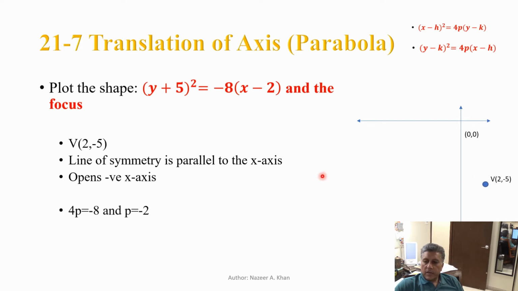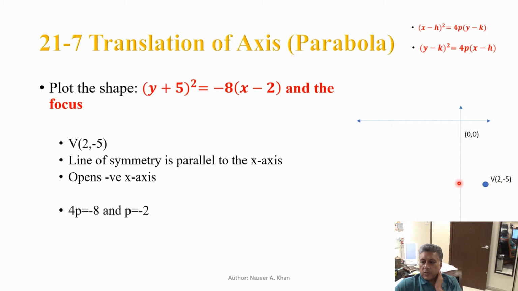I know that my line of symmetry is parallel to the x, so it's going this way. We know that it is opening negatively, so negative x. It's opening this way, right? We also know that p is minus 2, so in the x direction, I'm going to have to subtract 2 from that.